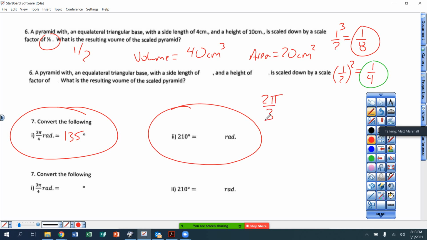For this one, let's see. Maybe I took 210 degrees for this one, and I times that by pi over 180. Is that what you did? Because if they give you radians, for this one you took that 3/4 radians and you didn't times by 180 over pi. For this one, you multiply by 180 over pi.